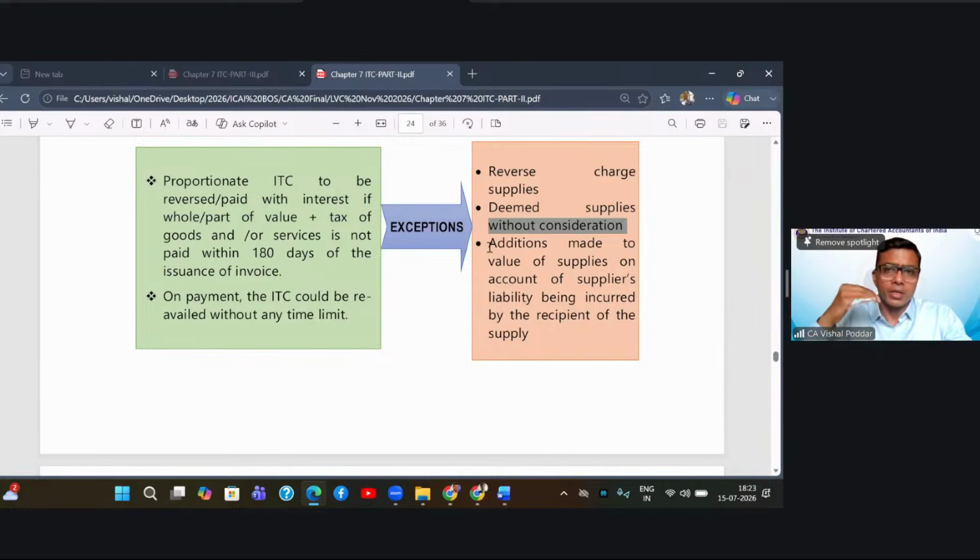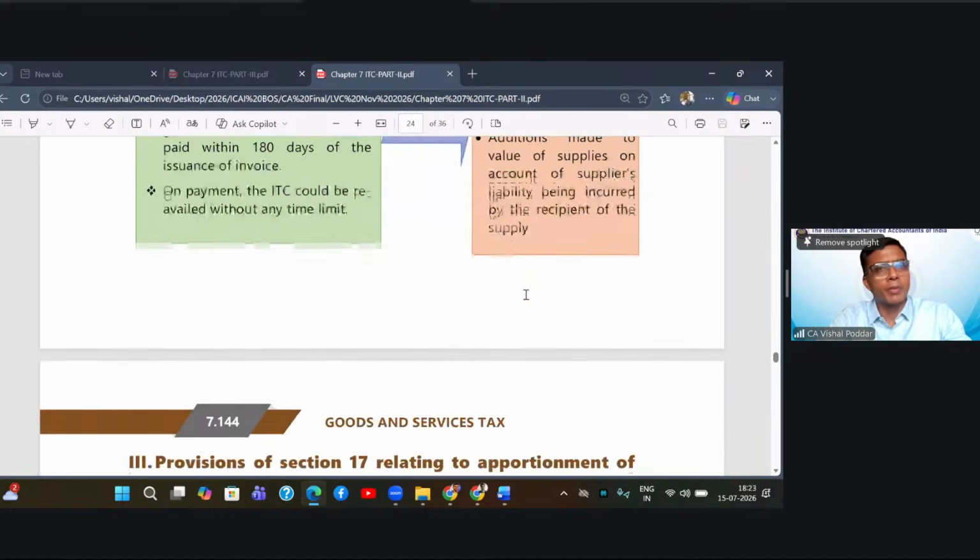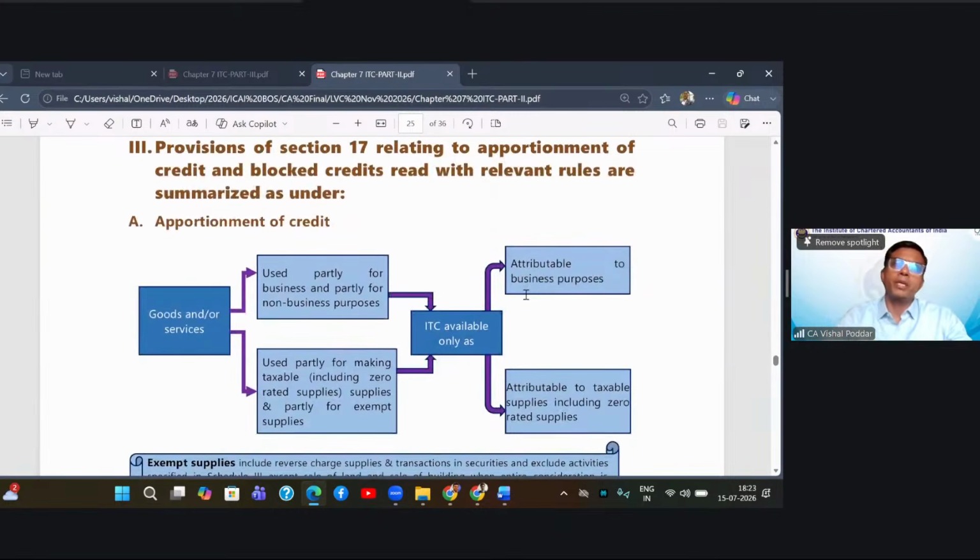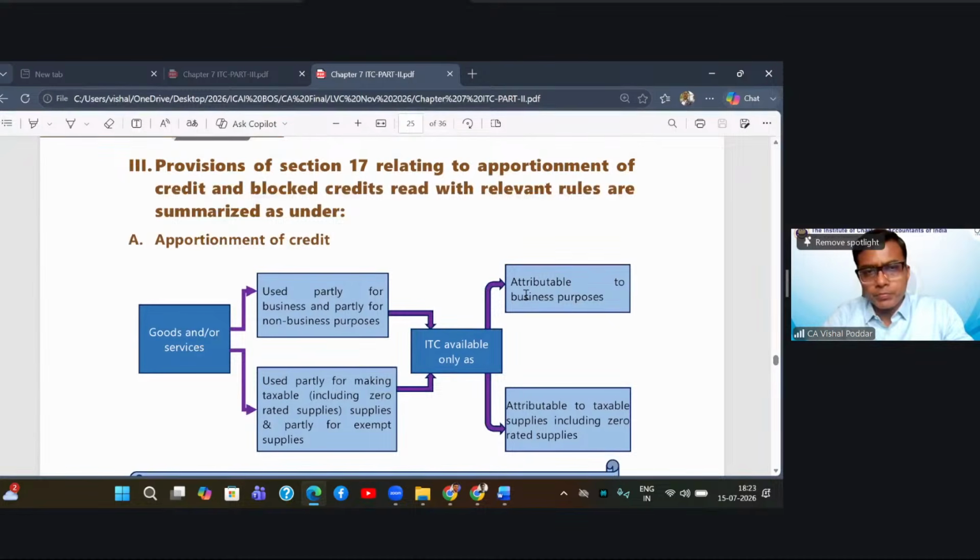Wherever the recipient has made payment of any liability belonging to the supplier, that amount is to be included in the value of supply. Now, this amount, which as a recipient I have paid to a third person on behalf of the supplier, obviously I need not pay to the supplier. So for this payment also, the 180-day rule does not apply because I will never make this payment to the supplier, because I have already paid it to the outsider.